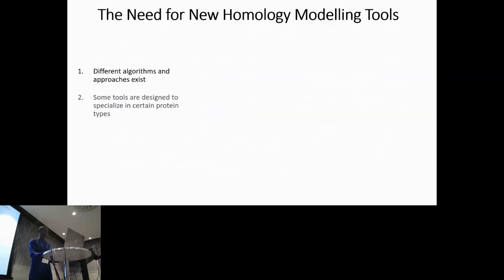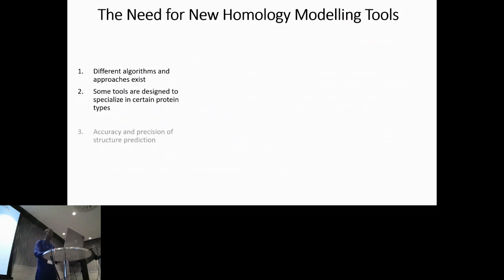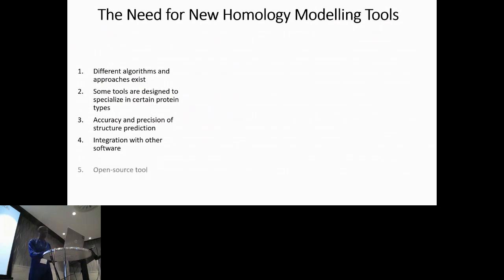Okay, so we have different algorithms, like I talked about. Some of them specialize in a certain protein type. Accuracy and precision of prediction is also sometimes an issue. Then we were looking at, okay, can we integrate these steps together and have everything just happen in Prostruc and make it open source as well, and not necessarily closed source.